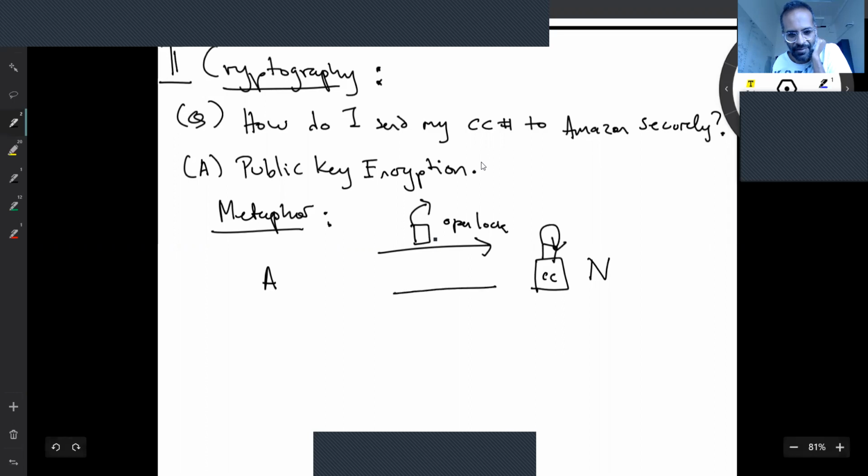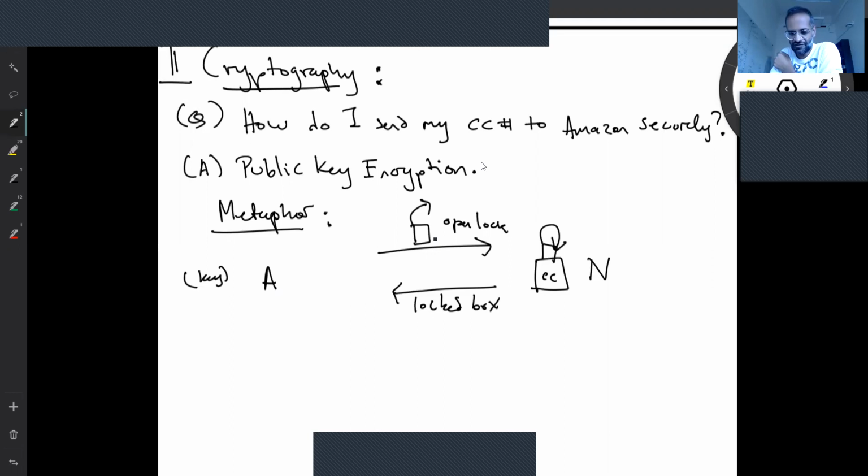And I send Amazon back a locked box. Now Amazon sitting over here has the key to this open lock that it sent me, and it unlocks the box and takes my credit card number. And nobody else can open the box because nobody else has the key.